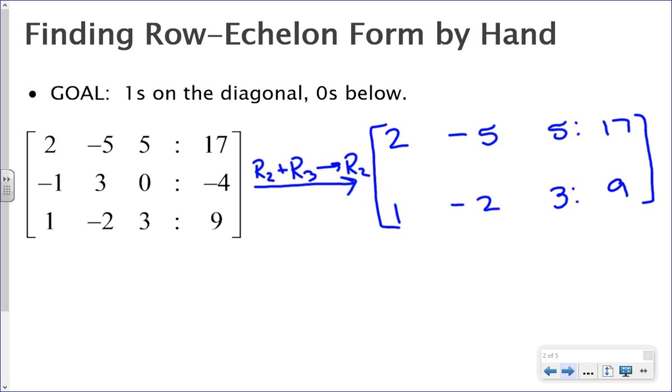So if we take row 3 and add it to row 2, we would get 0. Oh, that's nice, right? 1, 3, 5.